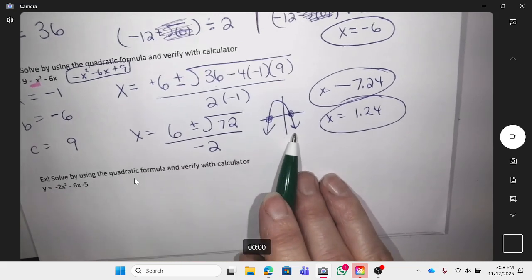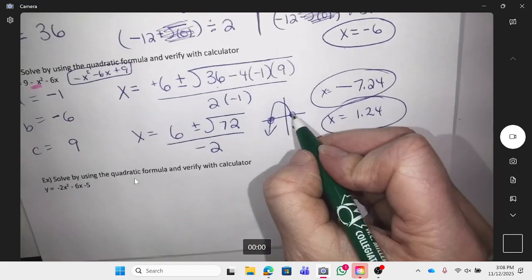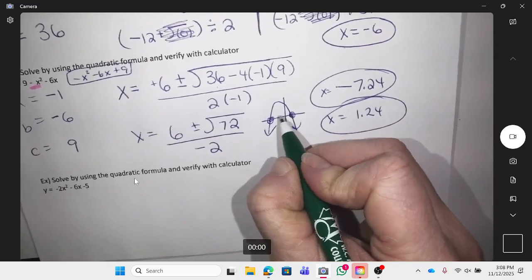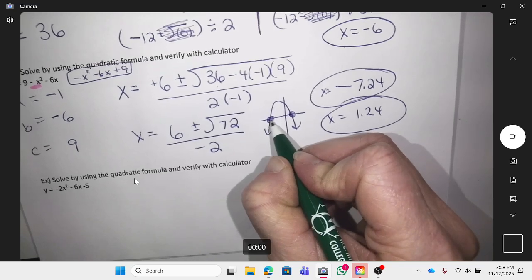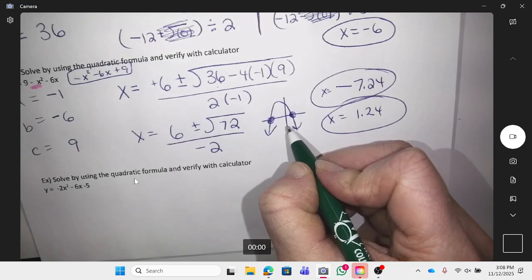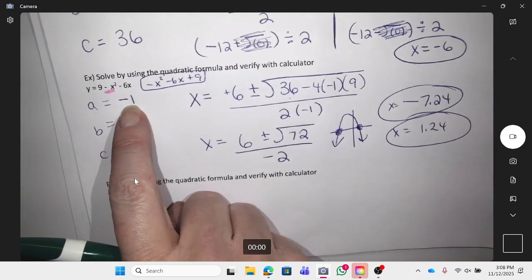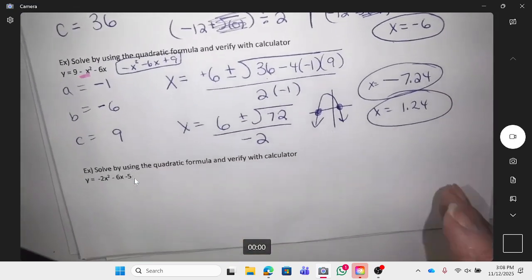So I'm not going to graph this one to save time, but here, quick. 1.24 is like there. -7.24 is there. Why did I draw this upside down? Because it's a -x squared.